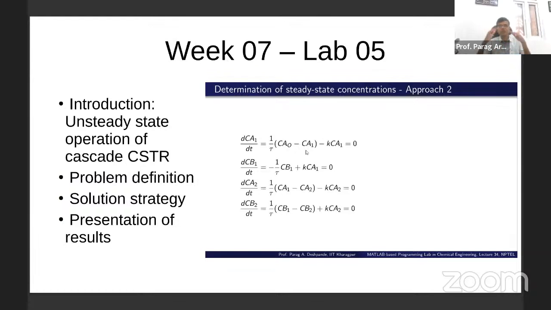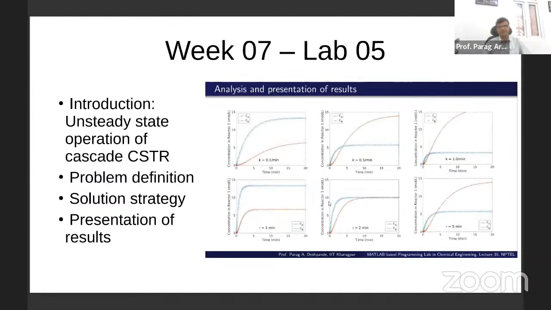So at steady state, all 4 equations individually must become 0, and then in that case you will realize that you have simply an algebraic equation, in this case linear algebraic equations, and you can simply solve linear algebraic equations, or in case you get non-linear algebraic equations, then also you can solve simultaneous non-linear algebraic equations the way you solved them in the previous labs. So that is what we had done.